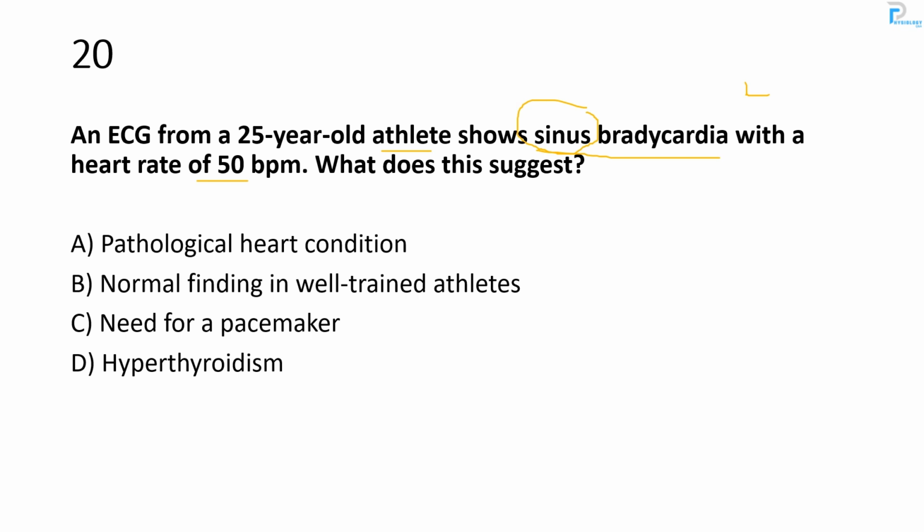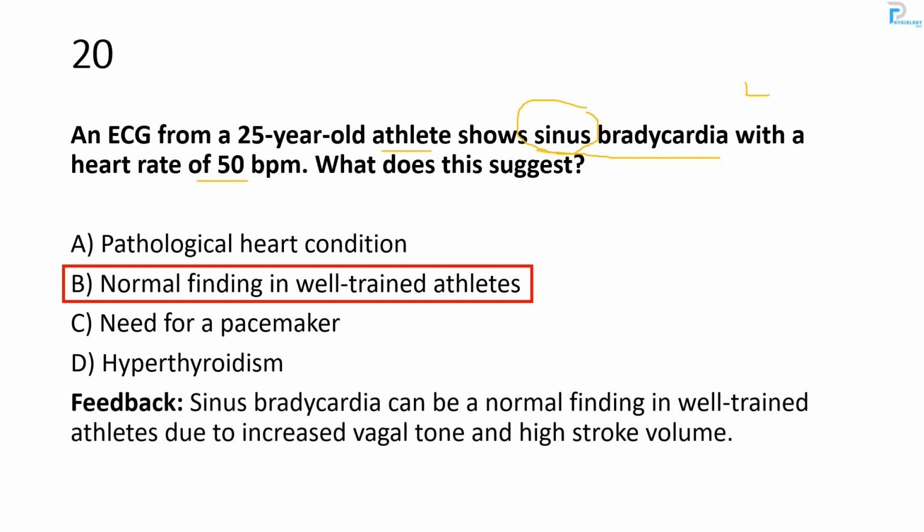High vagal tone means high resting parasympathetic activity to the SA node, and that causes their heart rate to be normally lower than non-athletes. So this is actually a normal finding in athletes. The reason for it is high vagal tone, meaning high parasympathetic stimulation of the SA node.